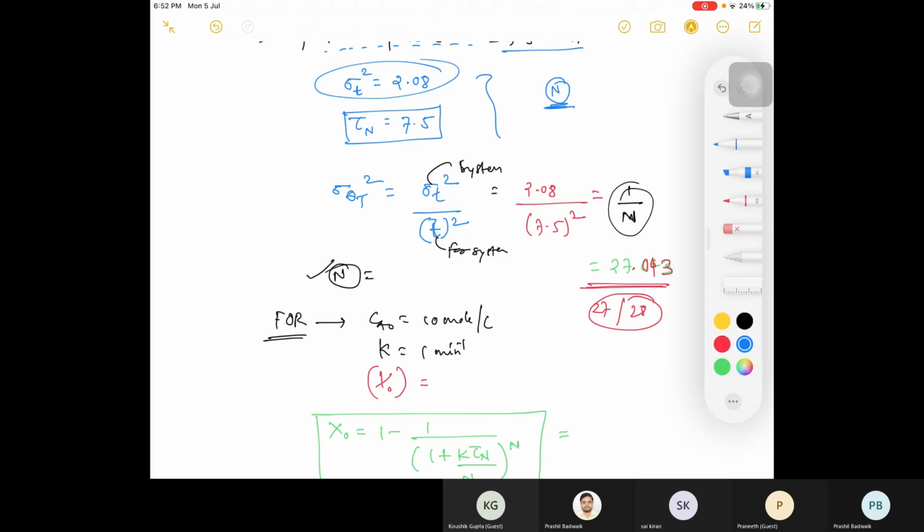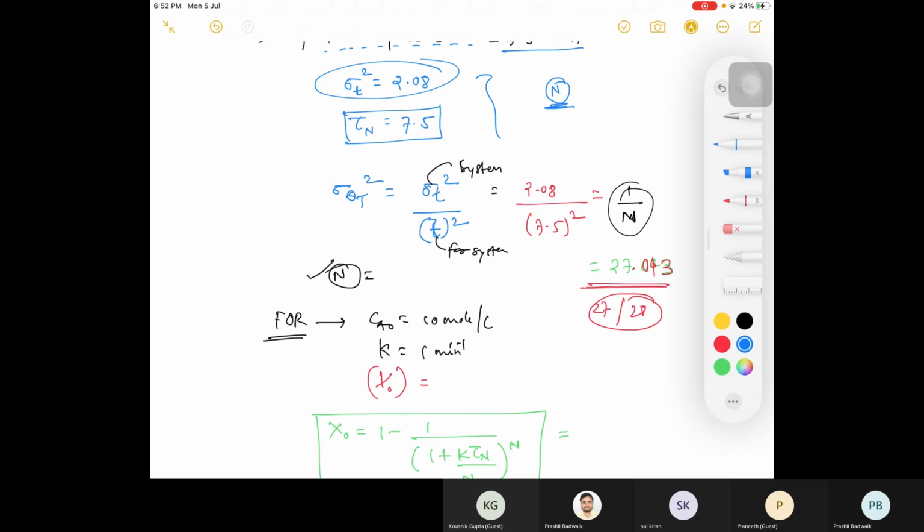You may consider that a warning, because in your classes and your sessional exam, this question will definitely come to find out n. Suppose you take 27 instead of 27.043, I lost around 11 to 12 marks on the same, because everything was dependent on that.